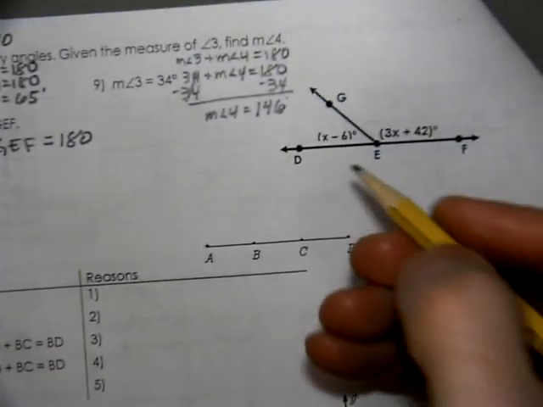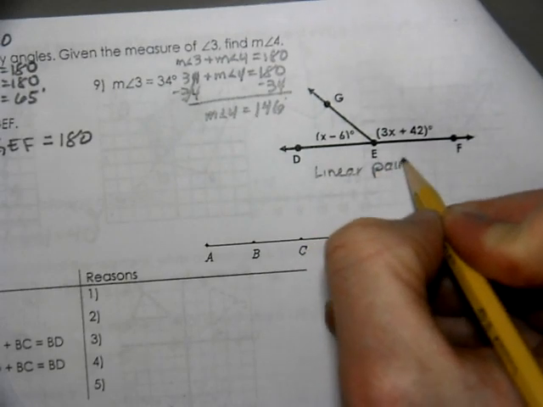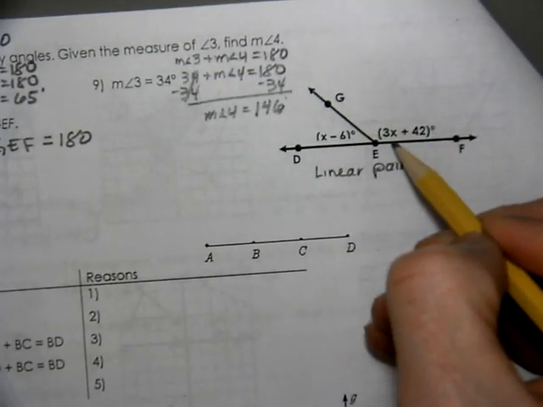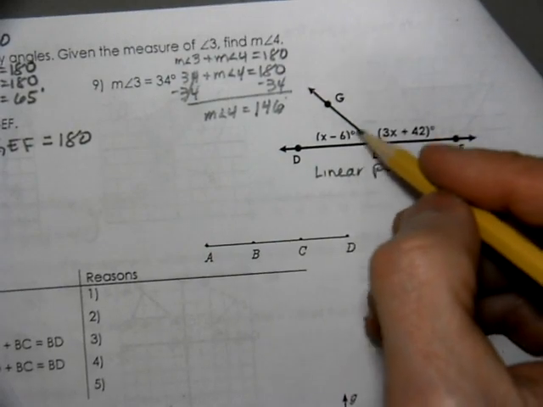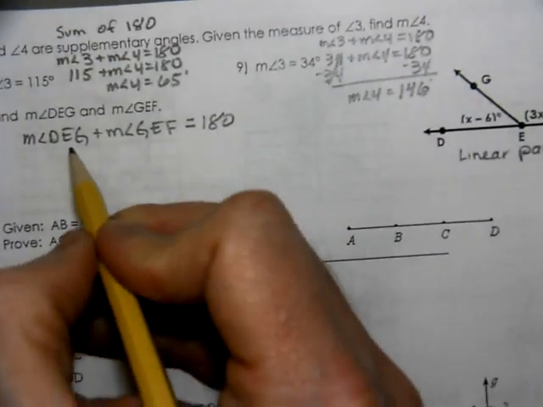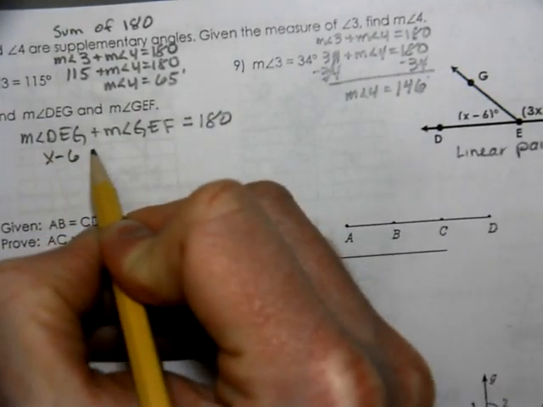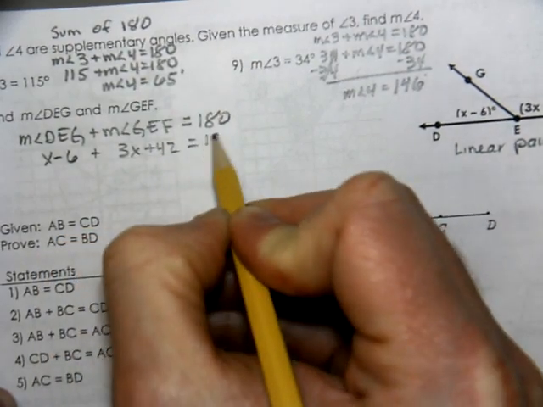adds up to 180. This is called a linear pair because they're two angles side by side, meaning adjacent. They're adjacent angles that are supplementary. They're a linear pair. So I have x minus 6 and I have 3x plus 42.